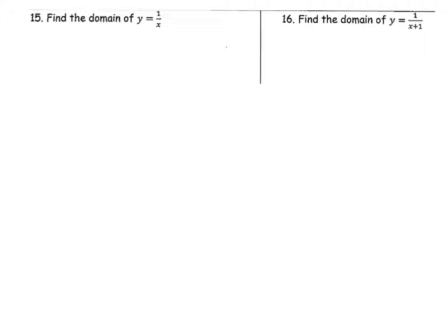Because x is in the denominator. What happens if I have a 0 in the denominator? It's undefined, and we don't want undefined as an answer. So the domain is all real numbers except x cannot equal 0.